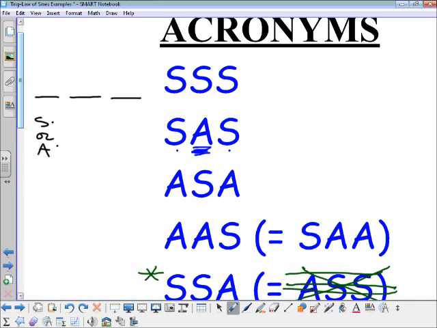So that's two things, so in each blank there can be two things. So how many possible ways could I write out S or A in three blanks? Well, that would be 2 times 2 times 2, which is 2 cubed, which equals 8. I wanted to make sure we hit every possibility.